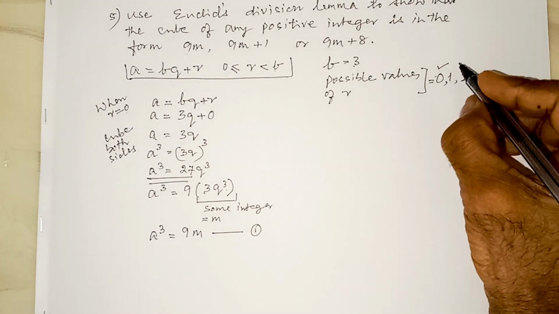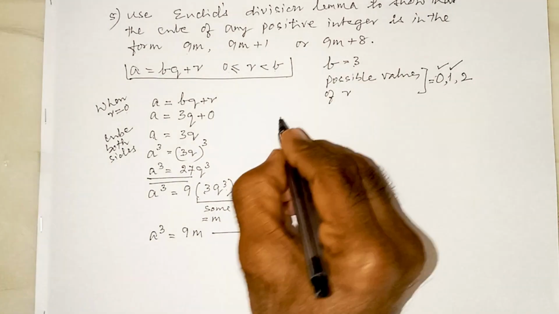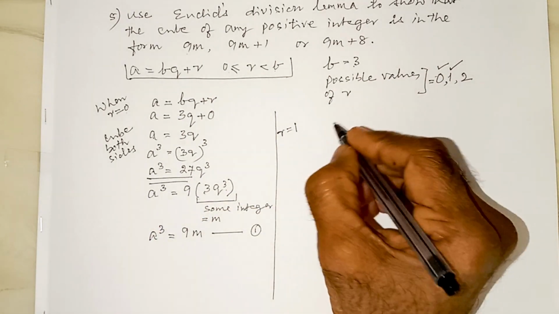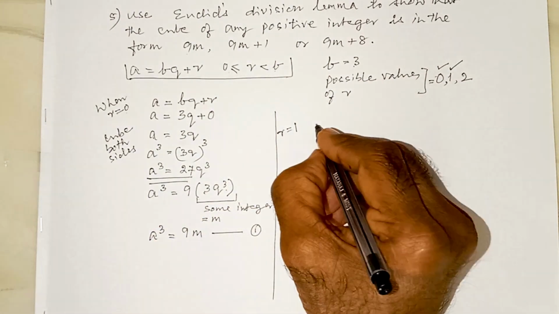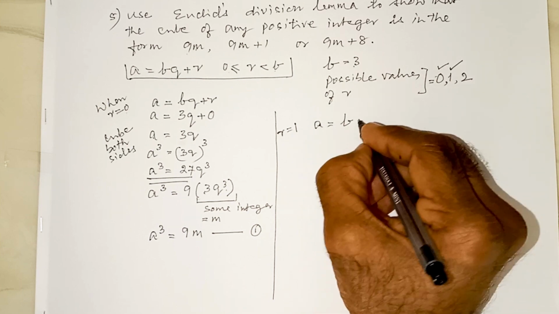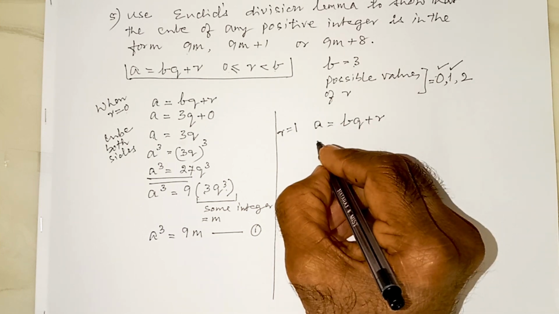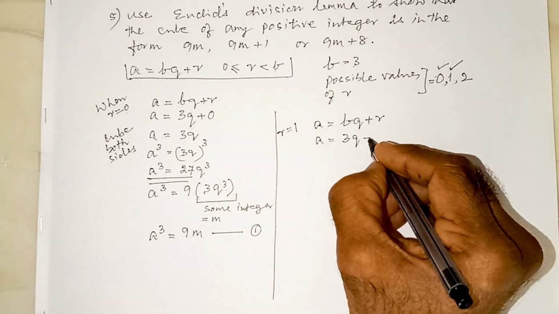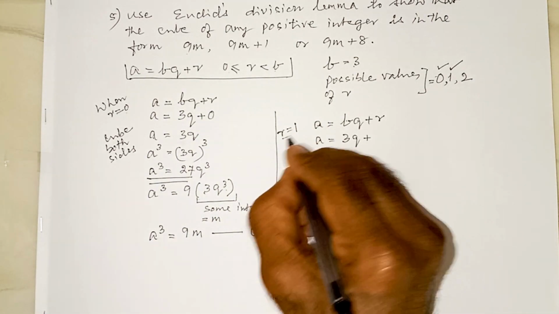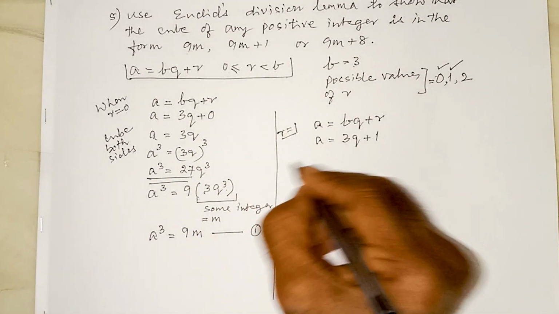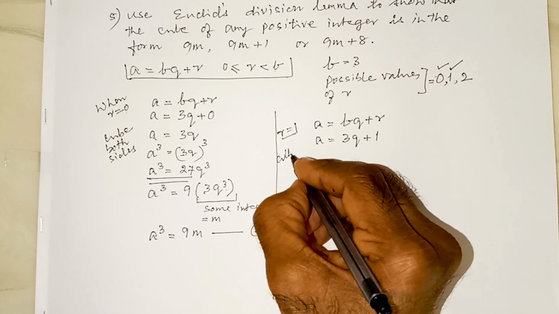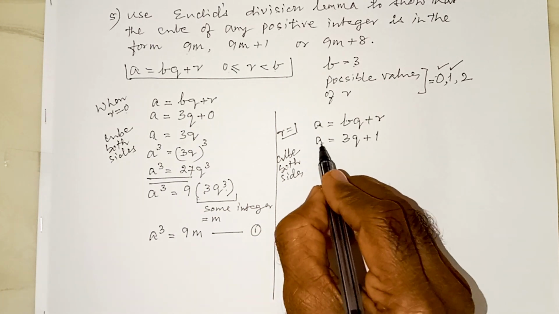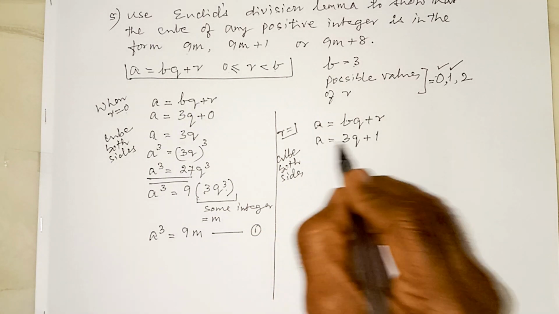Now we will take the value of r as 1. When r is equal to 1, what happens to our Euclid's division lemma, which says a is equal to bq plus r? a will be equal to 3q plus 1, because b is 3 here, q as it is, and r we have taken 1. Now again, cube both sides, LHS and RHS.